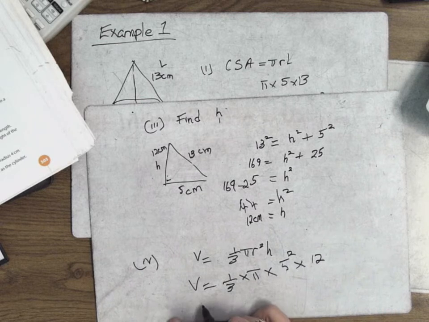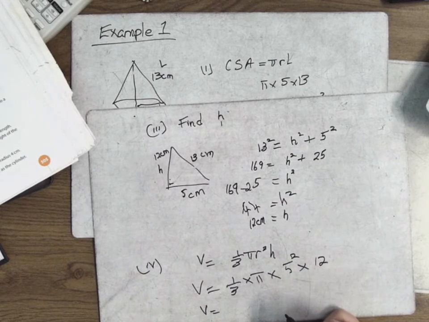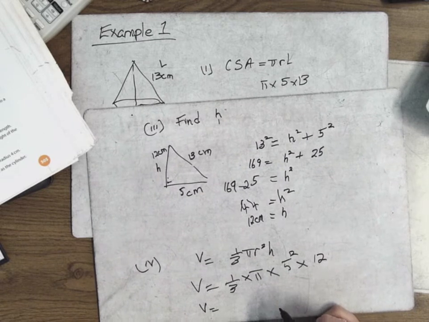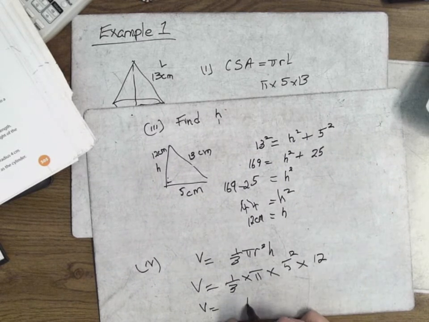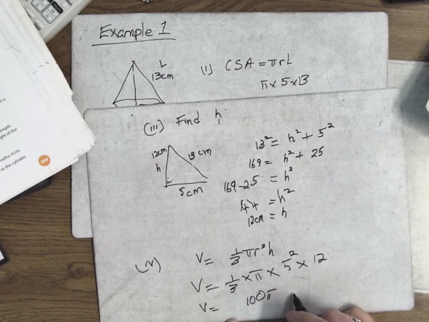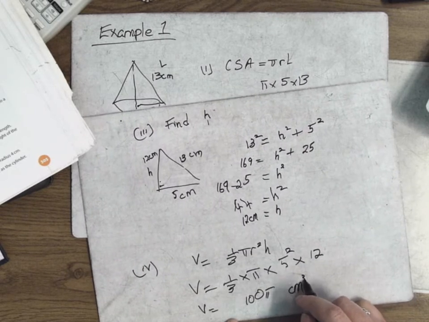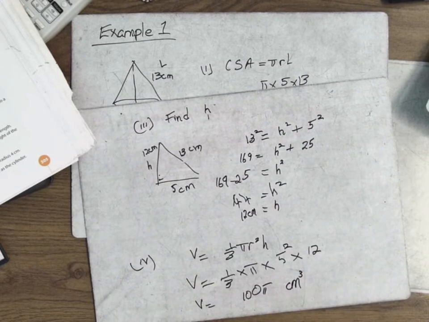So all you do is type all that into your calculator, and they say give your answer in terms of pi, so that just means don't press S to D. 5 squared by 4 is 100 pi, I'd say. And it's volume, so it's cm cubed. Is that right?